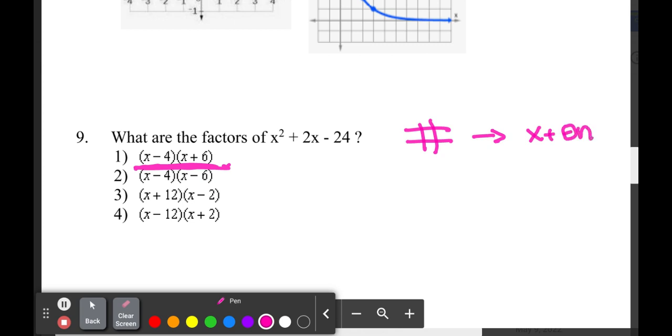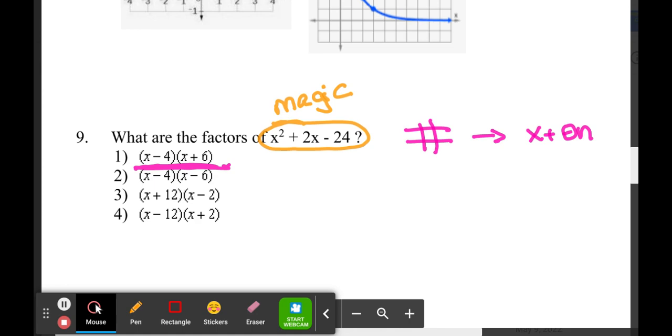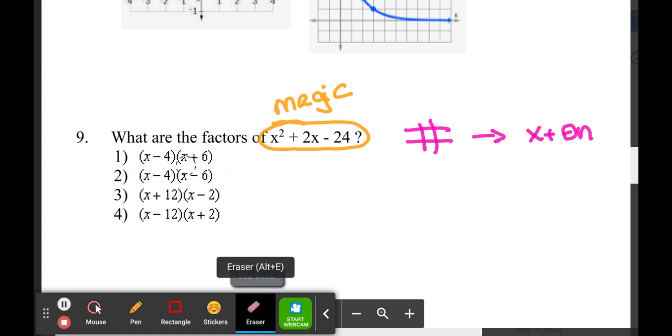So then you type in your problem and you're going to get some random number. Remember, that's your magic number. Your correct answer will match your magic number. So you store one thing in, then you type the problem, then you type the answers and see which one matches. Magic.